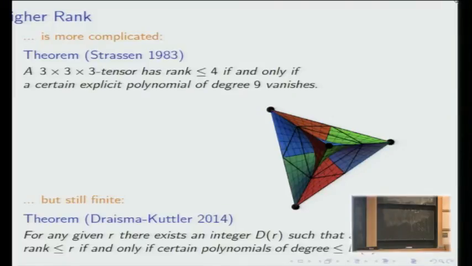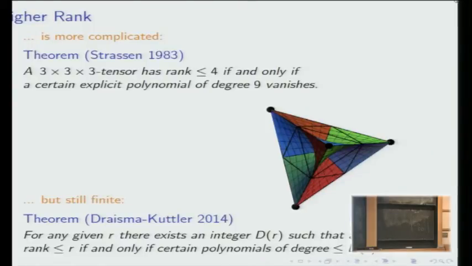And Strassen, in this context, over 30 years ago, showed that a 3x3x3 tensor has rank at most 4 if and only if a certain explicit polynomial of degree 9 vanishes. And this is part of the 4x4x4 salmon story. So, to have rank 1, certain quadratic polynomials vanish. To have rank 2, on the previous slide, certain cubic polynomials vanish. But here, to have rank 4, we need equations of degree at least 9.